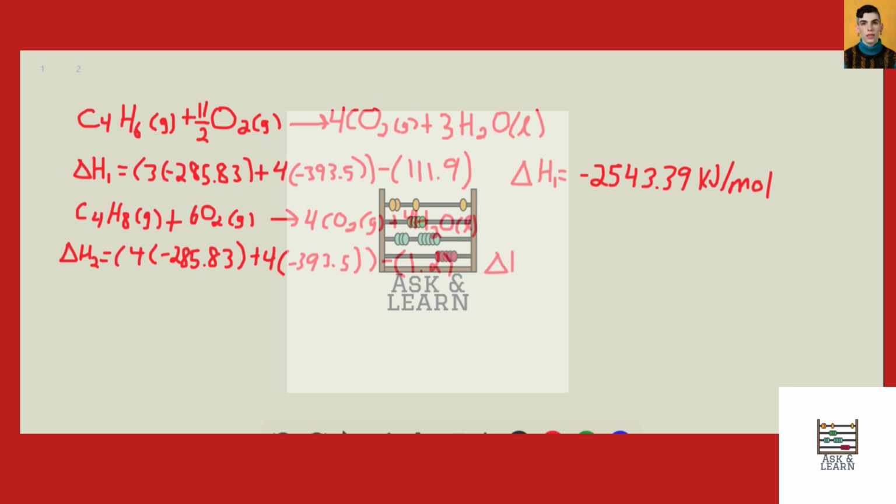So delta H of 2 is going to equal minus 2,718.52 kilojoules per mole.